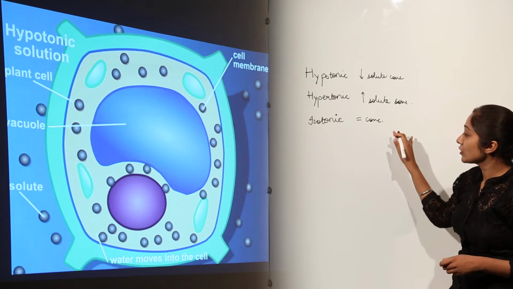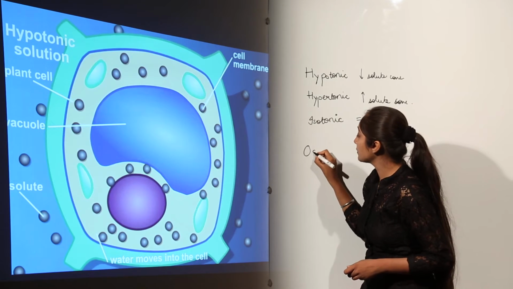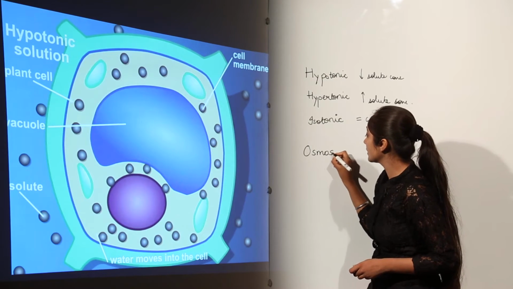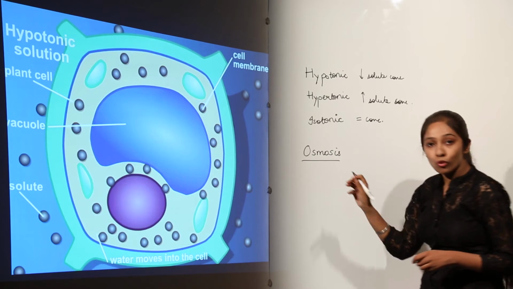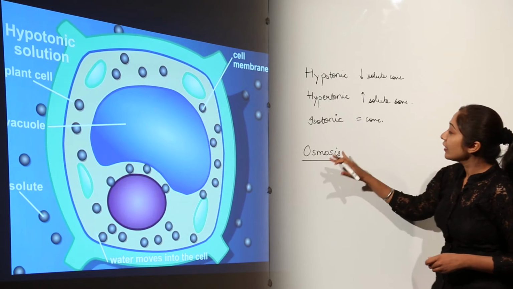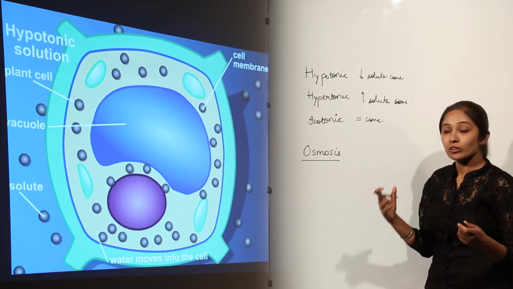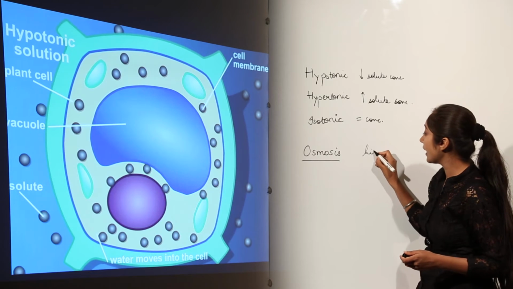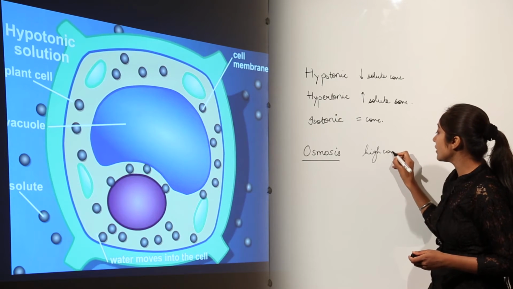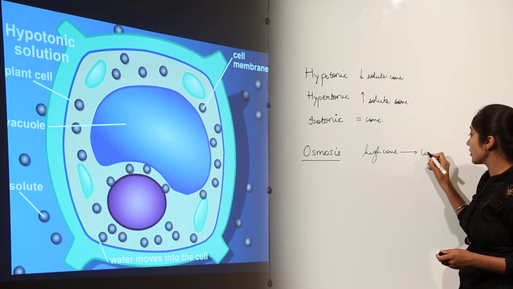So, what is going to happen in this process, that is osmosis? This is actually the movement of water molecules, and when the water molecules move, they move from the region of their higher concentration to a region of their lower concentration.